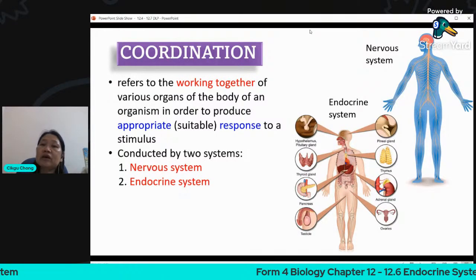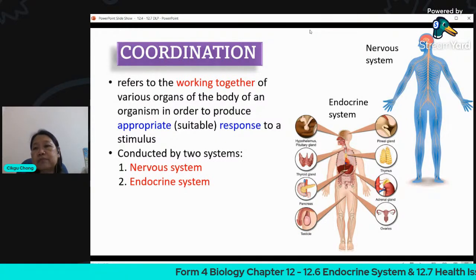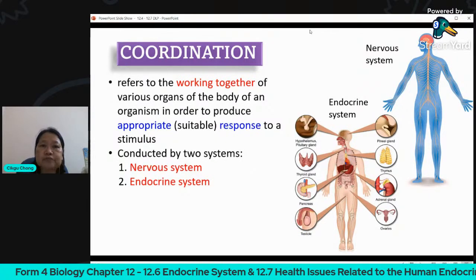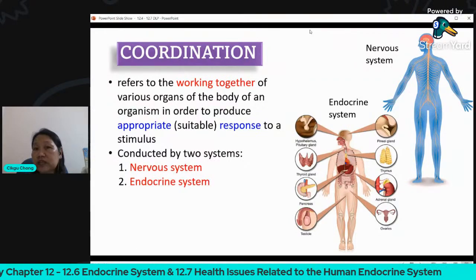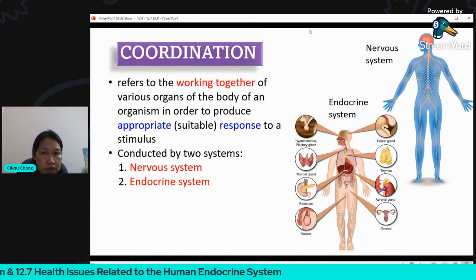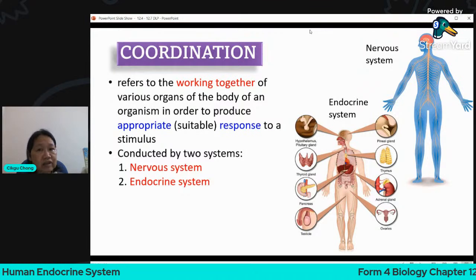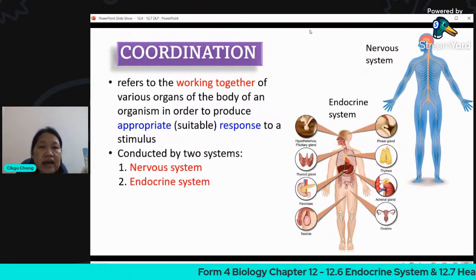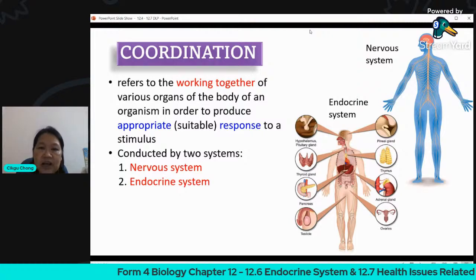So remember, not only our nervous system produces a response; our endocrine system is also part of the coordination system. We have 2 coordination systems inside our body, and they work together. Later towards the end of the lesson, we're going to compare these 2 systems in terms of similarities and differences. Okay, let's go on.